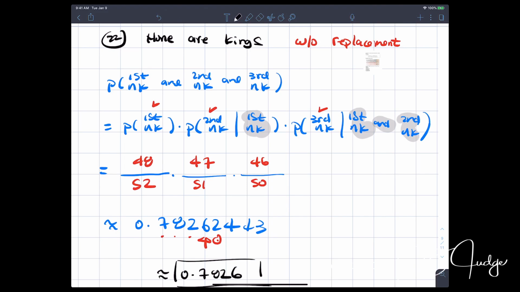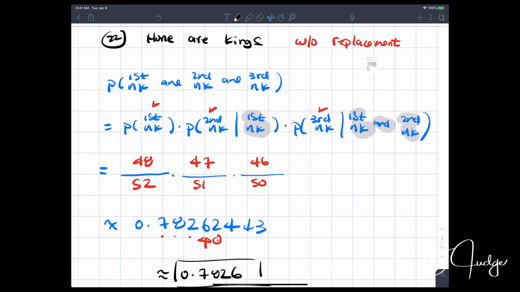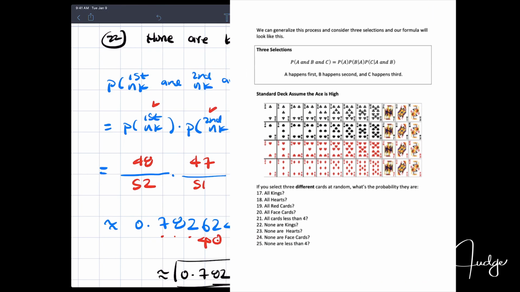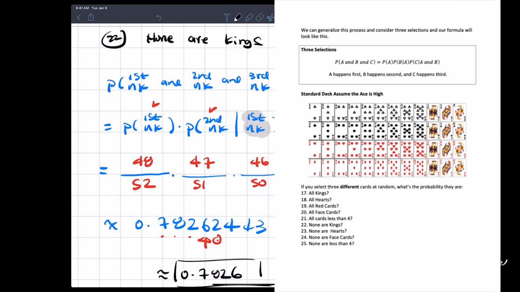So that's why on the worksheet, if we look at this, there are some additional questions that I've given. If I can get it, there we go. Okay, there it is. Let's put it off to the side here for us. You start to see from question 22, the first none are kings. 23, none are hearts, none are face cards, none are cards less than 4.